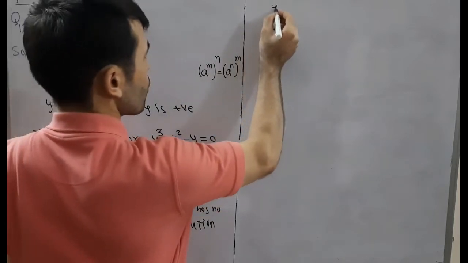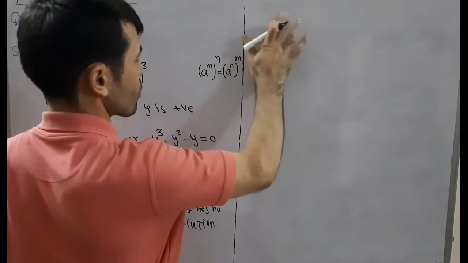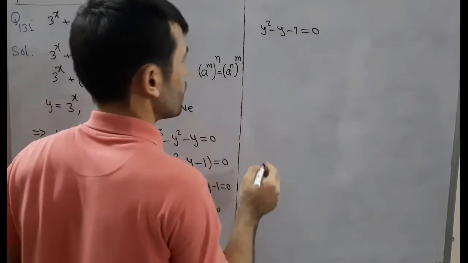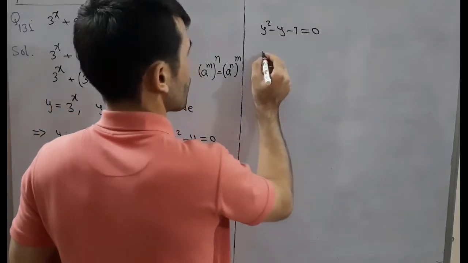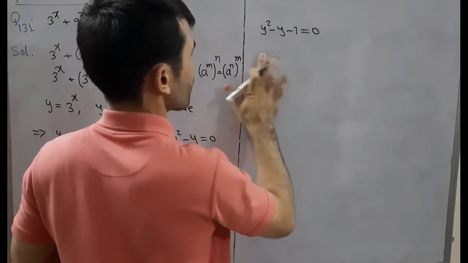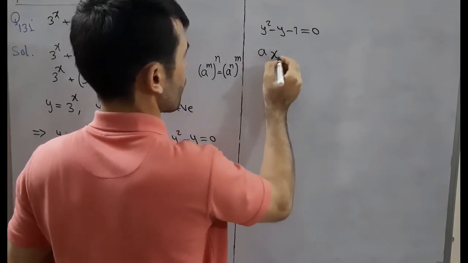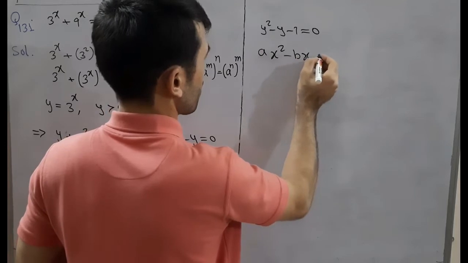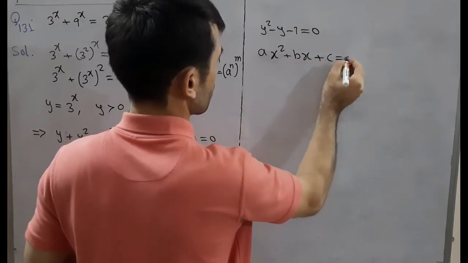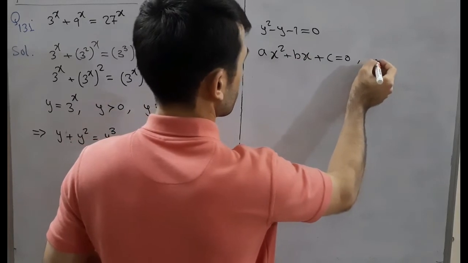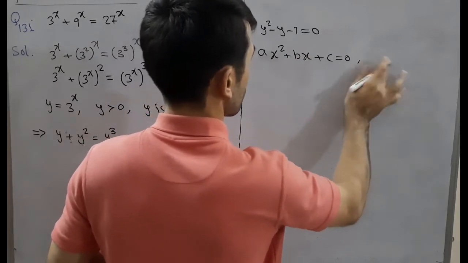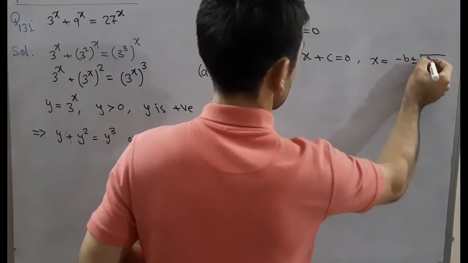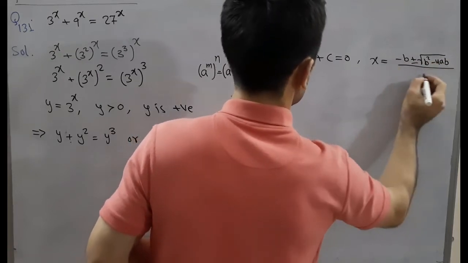Now we want to solve this quadratic equation y square minus y minus 1 is equal to 0. If we compare with the general form of a quadratic equation, a x square plus b x plus c is equal to 0, we have the formula x is equal to minus b plus minus square root of b square minus 4ac, over 2a.